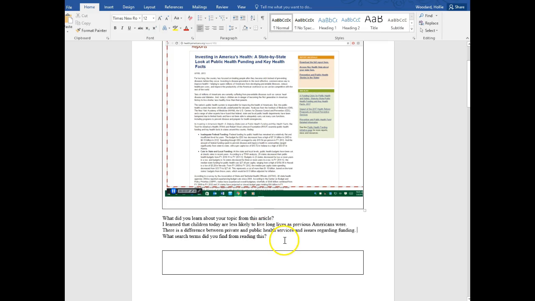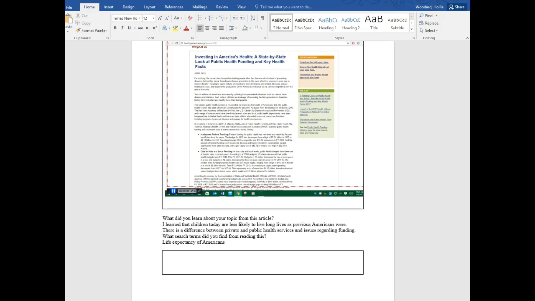So, what search terms did you find from reading this? Now is when I want to think ahead to the search that I'm going to do on the databases. I think what I want to try to search is life expectancy of Americans, because I want to see if I can find data on that, because that seems like something that there would be numbers for.